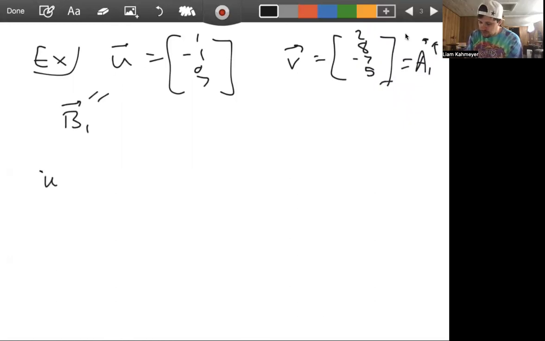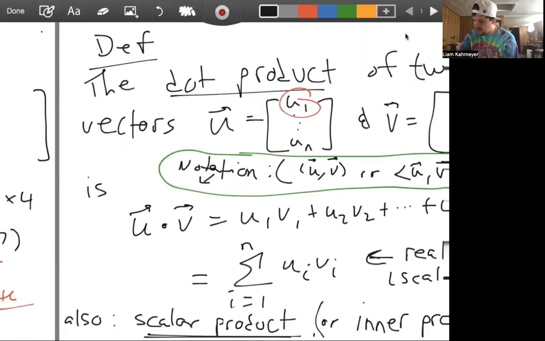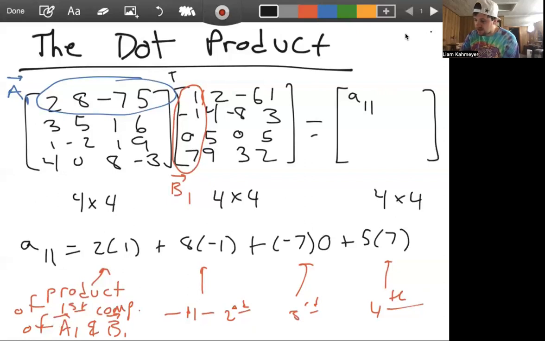Well, then what would u dot v give us? That would be 1 times 2 plus -1 times 8 plus 0 times 7 plus 7 times 5. And if you look, that is exactly this expression here.